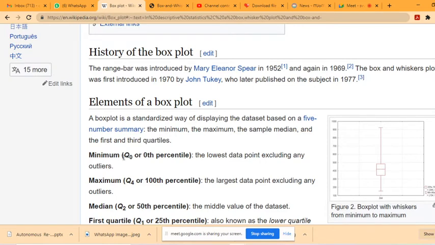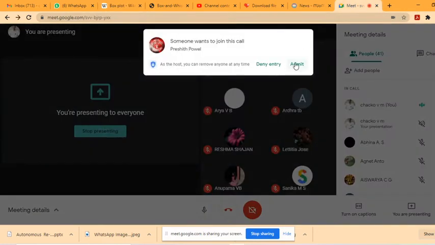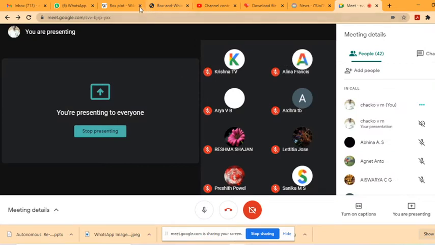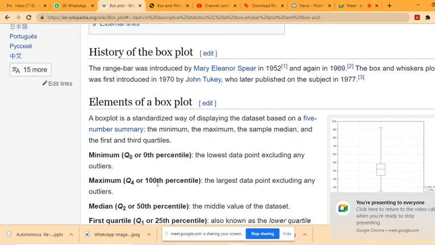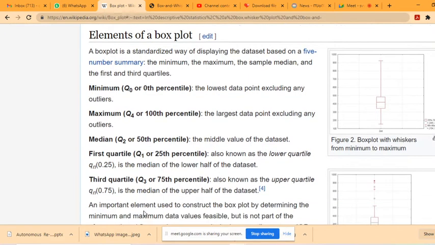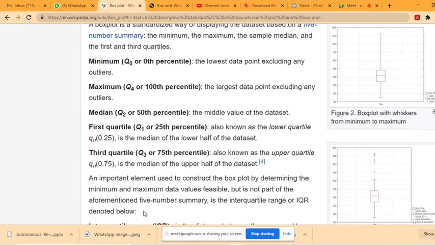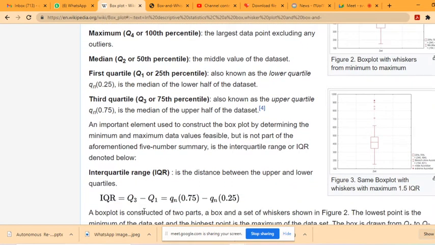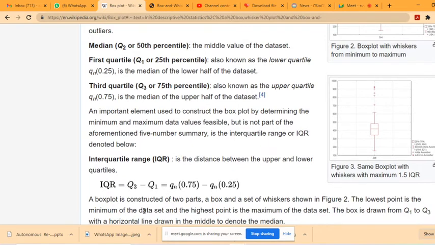Minimum is represented using Q0, maximum is represented using Q4, median is represented by Q2, first quartile is represented by Q1, and third quartile is represented by Q3. You know exactly what is meant by quartile.